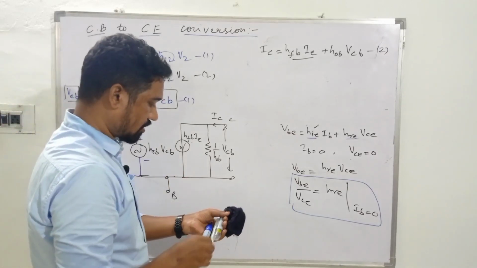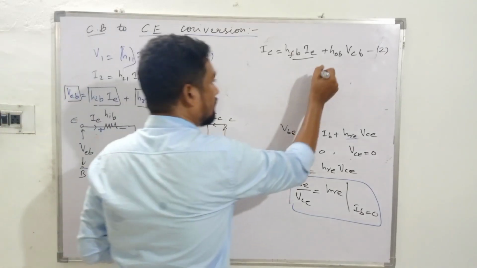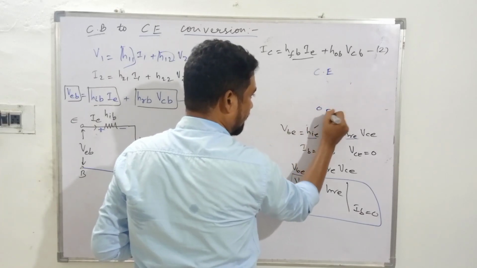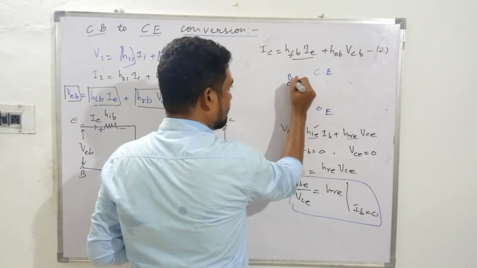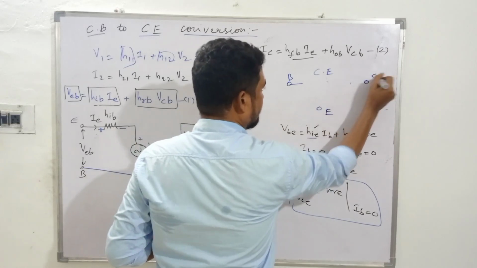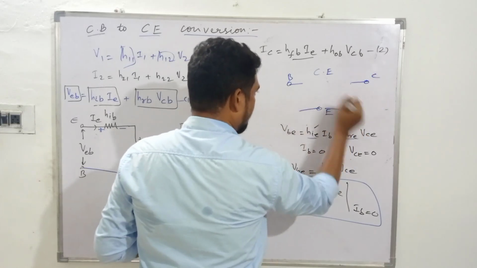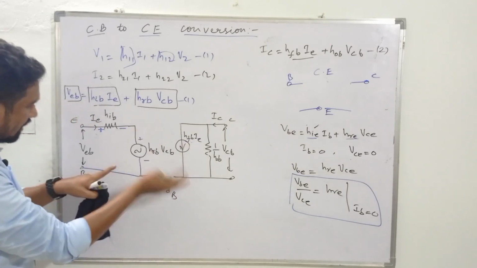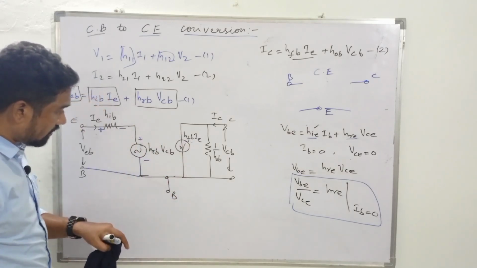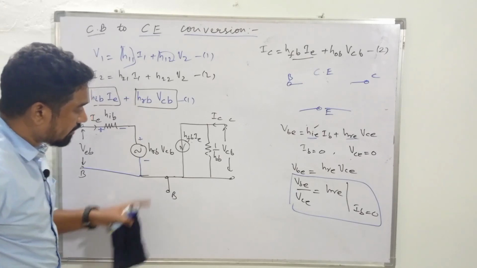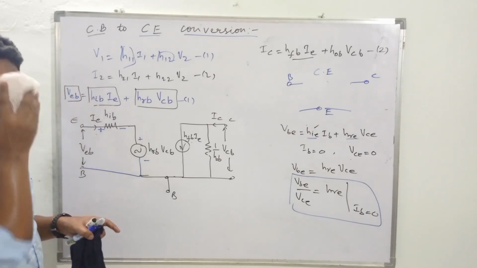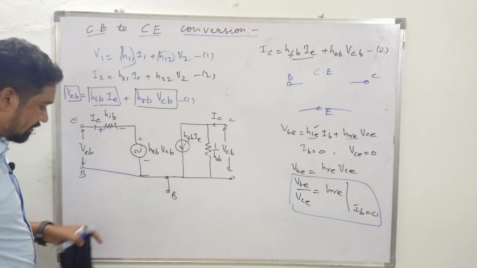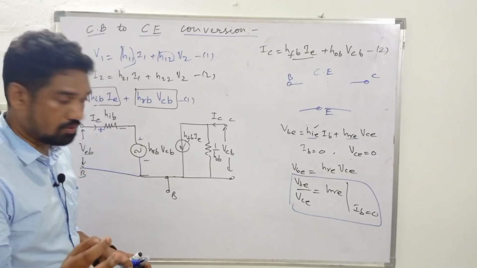So once again, checking for the common emitter configuration, the emitter is grounded, input is given to the base, and the collector is the output. So according to this, this has to be made upside down, do some modification and be converted for common emitter configuration. So a small modification to be more clear.